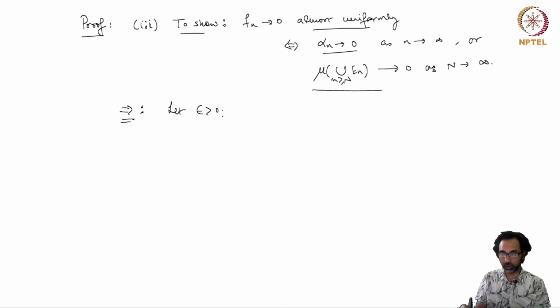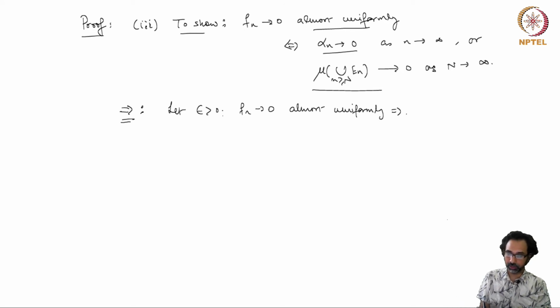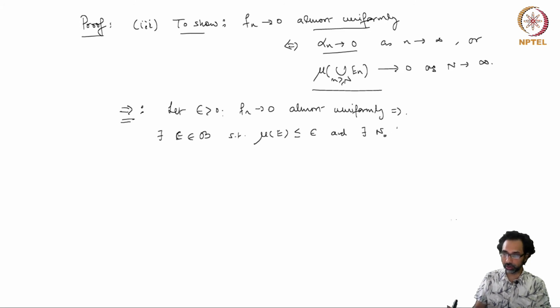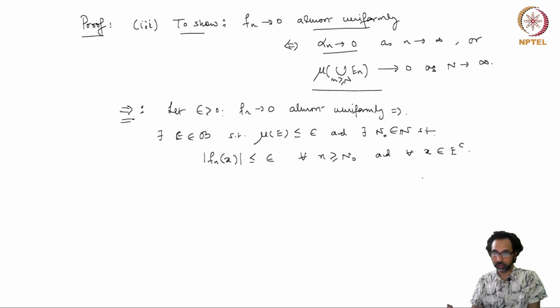Let epsilon be greater than 0, and because Fn goes to 0 almost uniformly, this means that there exists a measurable set E such that the measure of this set E is less than or equal to epsilon, and one can choose an n naught in N such that modulus of Fn(x) is less than or equal to epsilon for all n greater than or equal to this threshold value n naught, and for all x in the complement of this exceptional set E, which has measure less than or equal to epsilon.